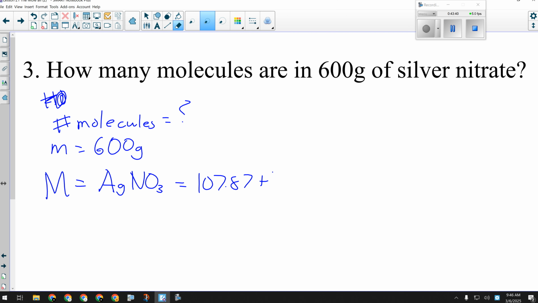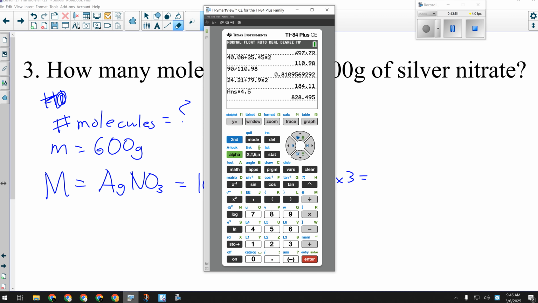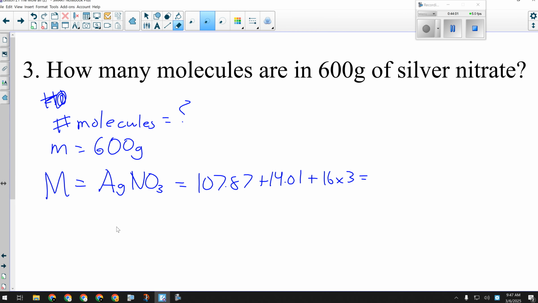Just 1, yep, plus 14.01, plus, how many oxygens? 3. So 107.87 plus 14.01 plus 16 times 3, 169.88.